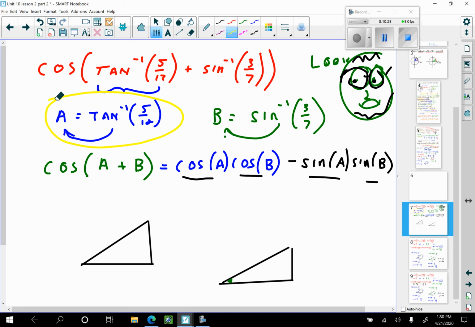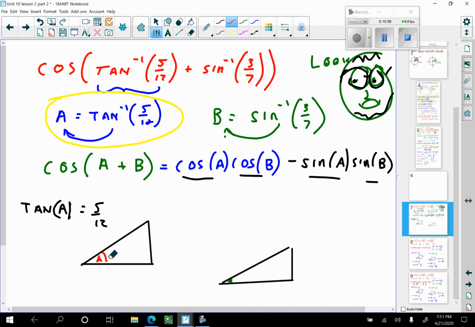And if A is inverse tangent of 5/12, what do I know? I know that by the geometric definitions of the trigonometric ratios, the tangent of A is equal to 5/12. Okay, and this is going to be my angle A, as I did before.